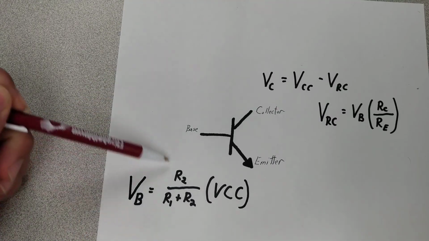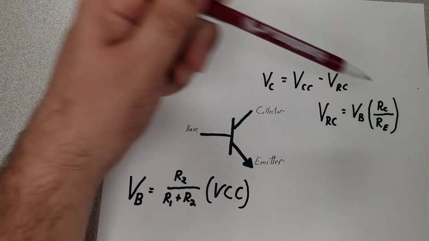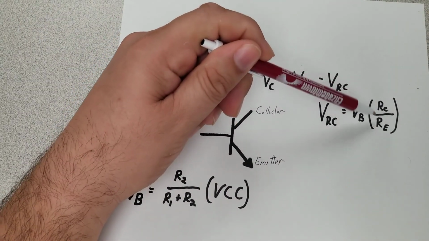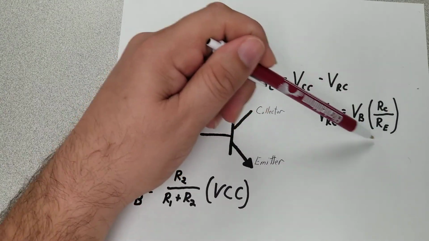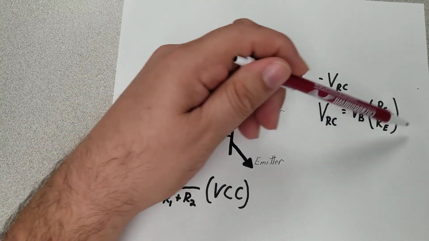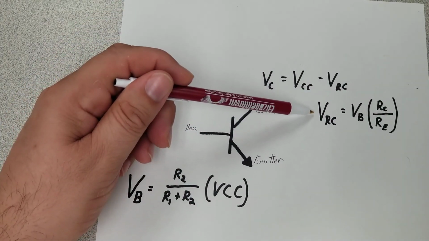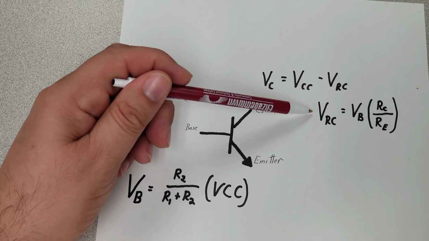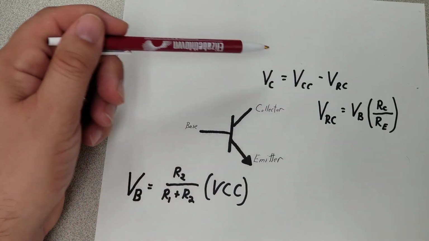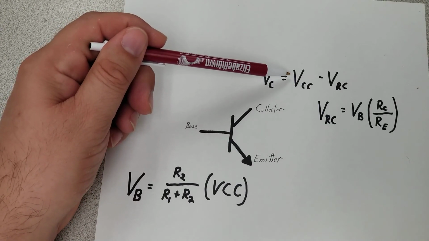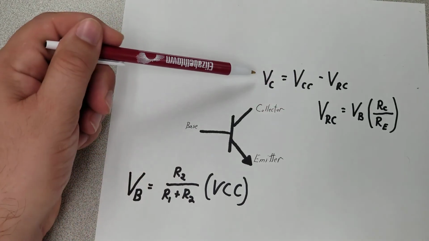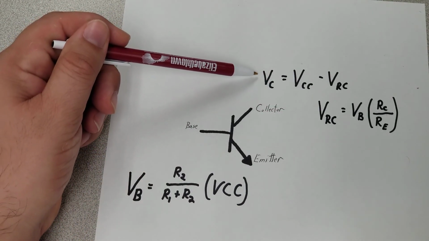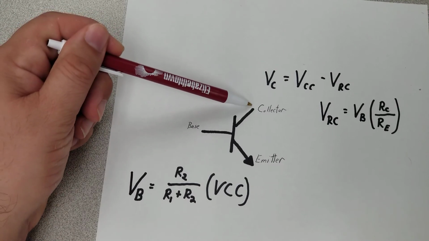So we know our voltage base, our resistance at the collector and the resistor at our emitter. We can figure out this formula to find our voltage drop across our resistor at the collector. You already know that the VCC is 10 volts minus your VRC, and that gets you that second value we're looking for, the voltage at the collector.